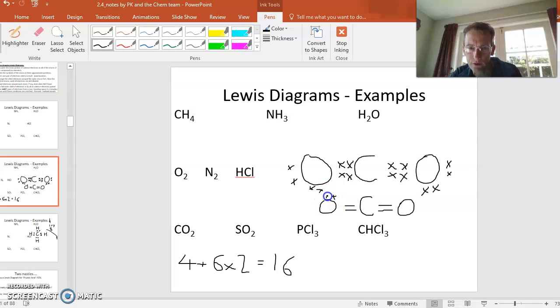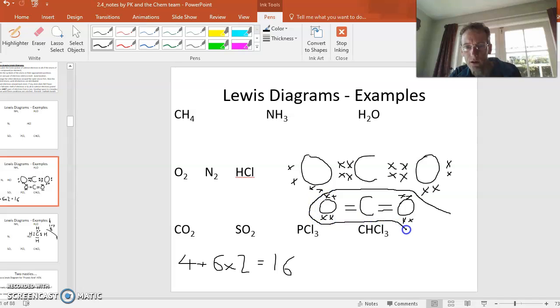It's just going to take me a while using this pen, but here we go. We'll go like that for that oxygen, and here we go with this one as well. Okay, and that's the answer. For carbon dioxide, that is the Lewis diagram right there. All right, and it's got double bonds in it.